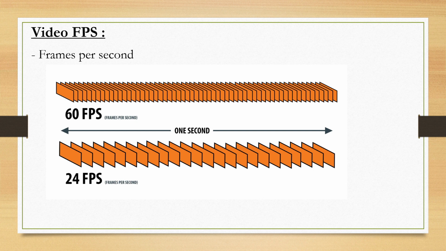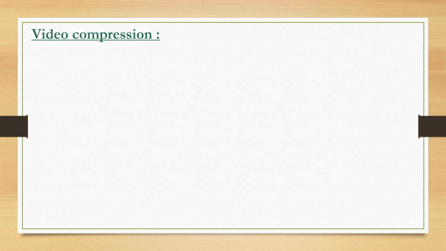But 30 fps is recommended. You can see many examples of different frame rates here: 23.98, 29.97, and so on. 25 is a recommended frame rate.